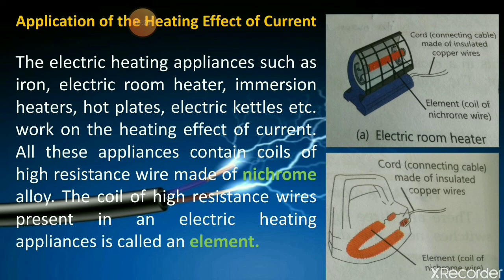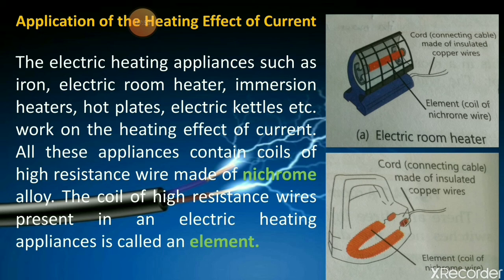All these appliances have coils of high resistance wire, as you can see in the images also. That wire is nichrome, an alloy, you all know, which has high resistance, and it produces heat energy, meaning electrical energy gets converted into heat energy.